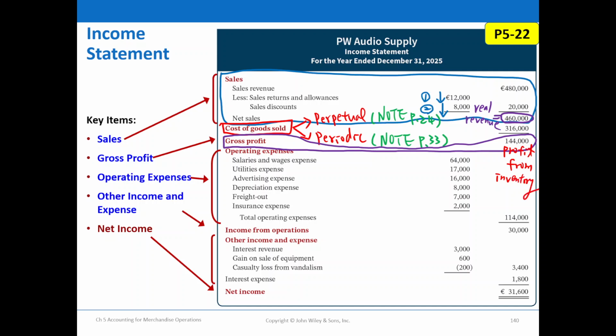So far we only consider inventory, and then you can get the profit, $144,000, from your inventory.